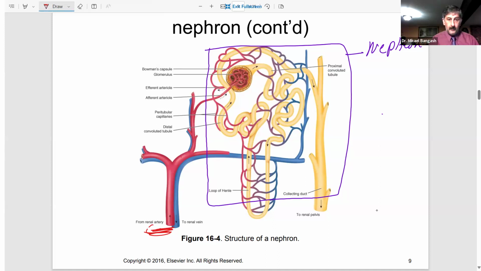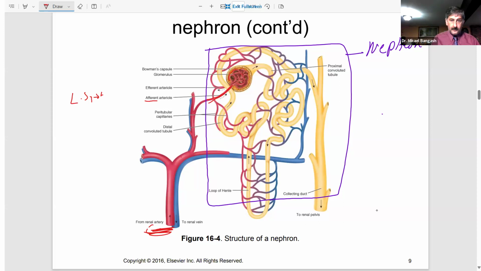Now, this arteriole here is going to be called the afferent arteriole. You remember the word afferent from your lymphatic system. We call this one the afferent arteriole because it brings blood to the first capillary bed, which is this fellow here.